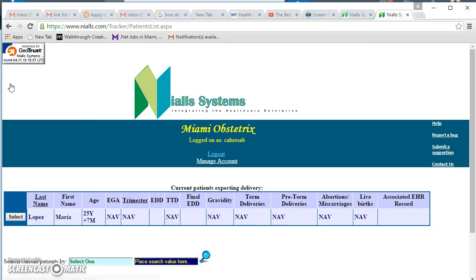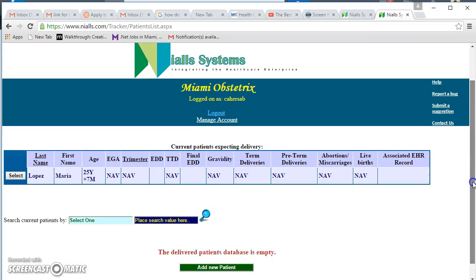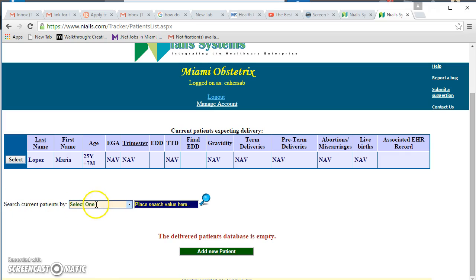So if we go back to the original screen, we can also search for a patient. Right now we have just one patient, so if we search, for instance, for Lopez, obviously we should have retrievals by the patient's last name.